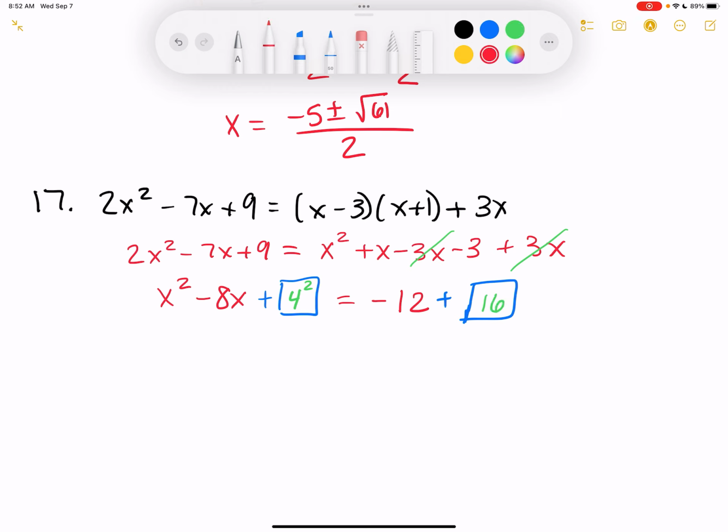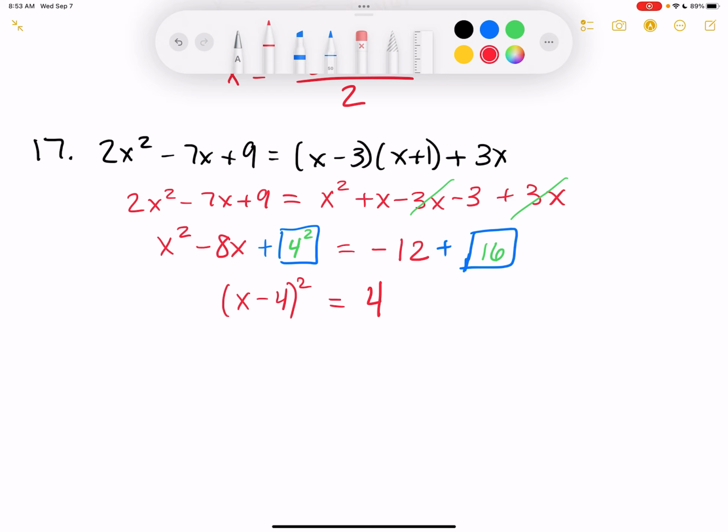On the left, a perfect square trinomial, what does this factor into? X minus 4 squared equals 4. Now take the square root, so you get x minus 4 equals plus or minus 2.